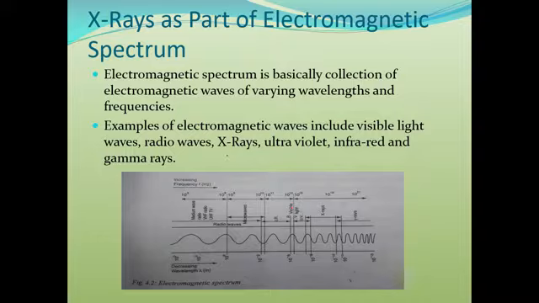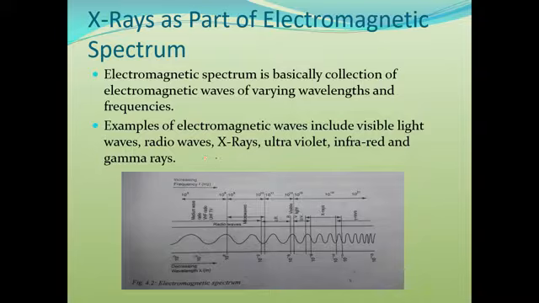In an examination setup, you may be asked, for example, to name which particular wave is at a given slot. You have to know the order, and how they behave in terms of their wavelengths and frequencies.